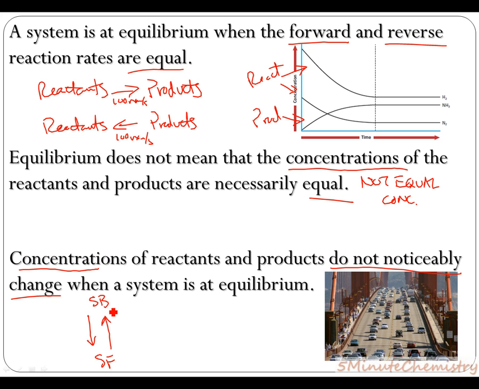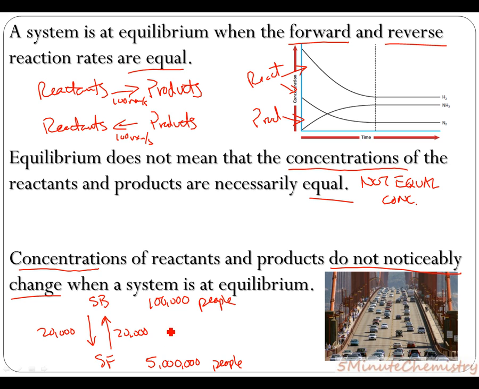Let's say that the population of San Bruno is 100,000 people, and the population of San Francisco is 5 million people. Notice they're not the same populations. What happens on the bridge every single day, let's say, is I have 20,000 people going north, and 20,000 people that go south.